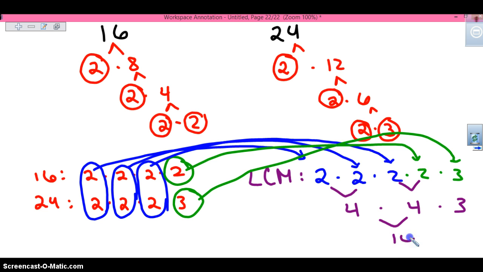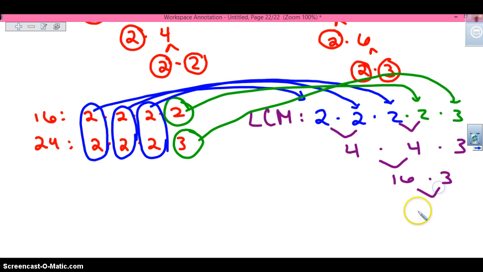This means 16 times 3. 16 times 3 is 48. So the least common multiple is 48.